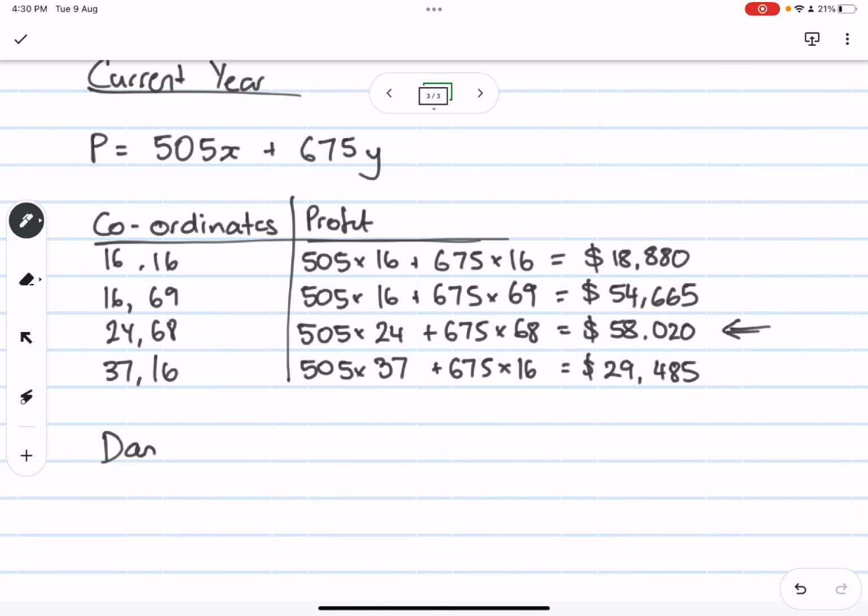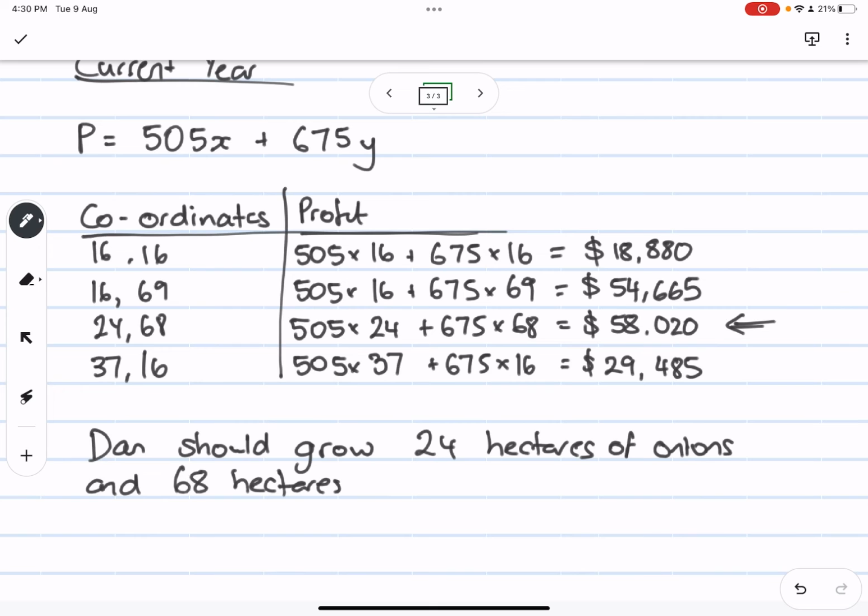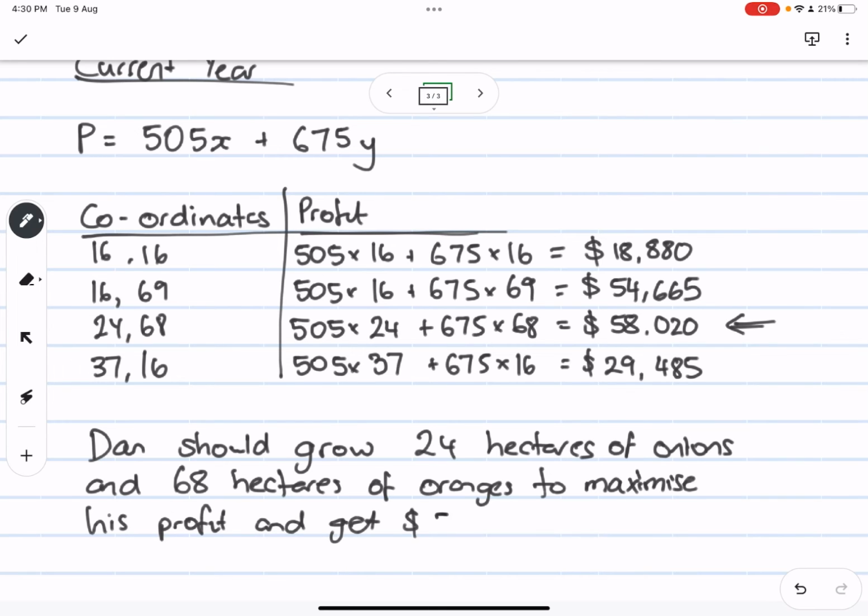We want to say Dan should grow 24 hectares of onions and 68 hectares of oranges to maximize his profit and get $58,020.